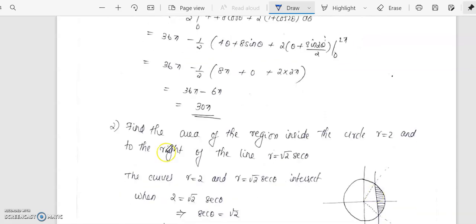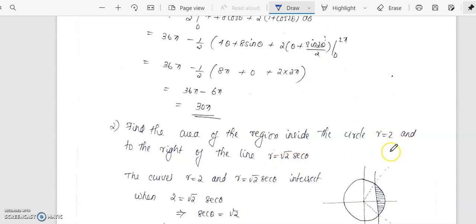Now the next problem is to find the area of the region inside the circle r equal to 2 and to the right of the line r equal to root 2 sec theta. Now as you know, r equal to 2 is a circle which is centered at the origin with radius 2.